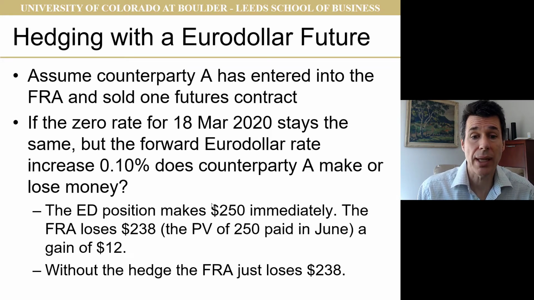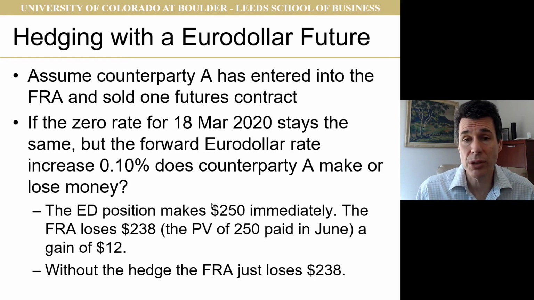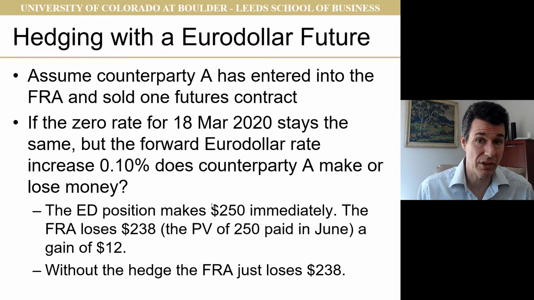Every time they do that, they're going to trade these Eurodollar contracts and hedge their risk. Hedging substantially reduces their exposure to interest rates. They haven't reduced it to zero. As you can see, they still have this $12 left out there, but changing it from $238 to $12 is a substantial reduction.